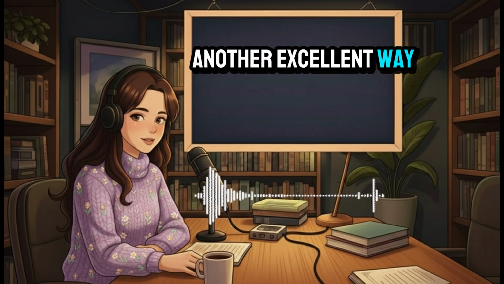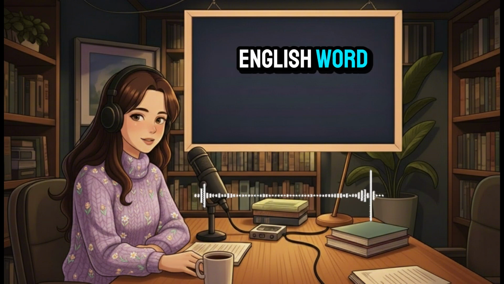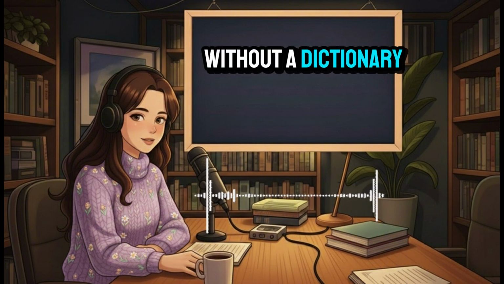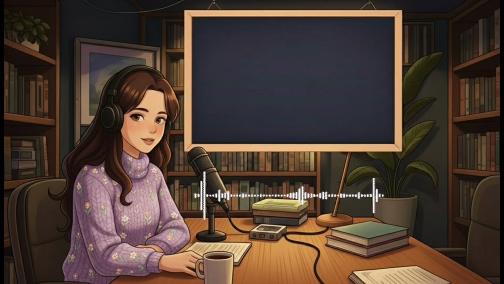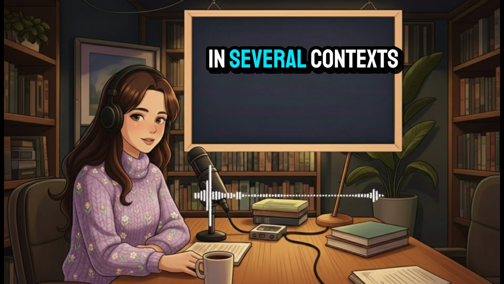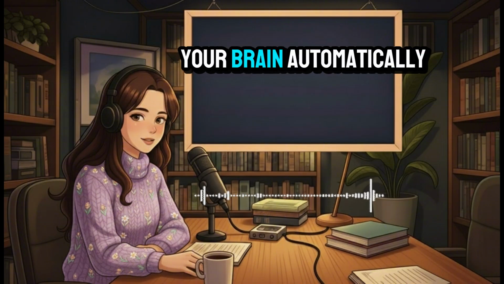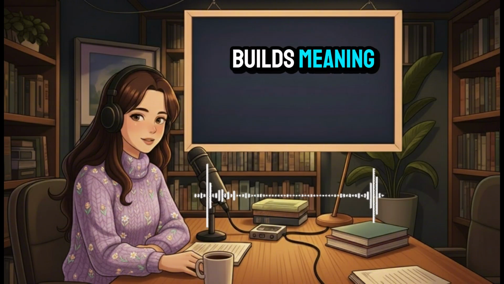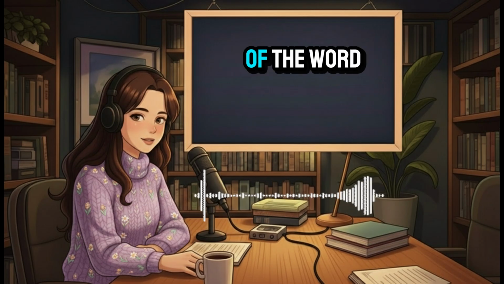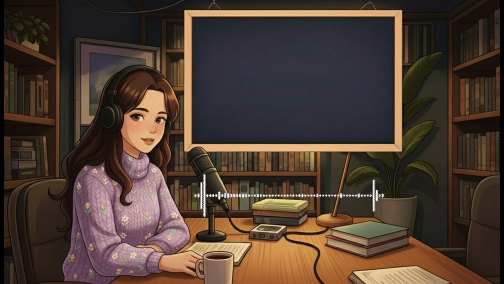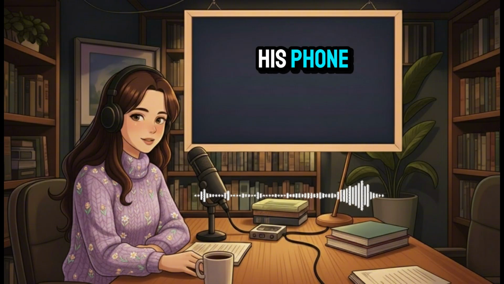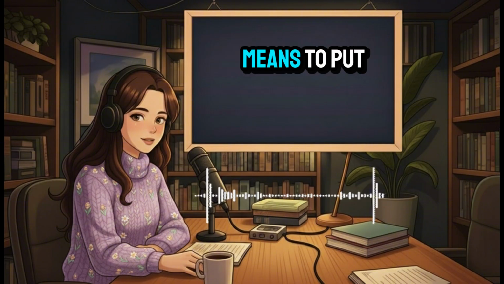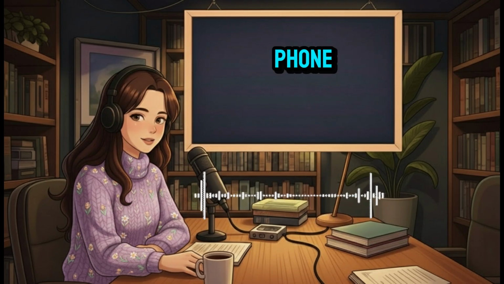Another excellent way to understand any English word without a dictionary is through repetition in different situations. When you meet the same word in several contexts, your brain automatically builds meaning. For example, think of the word charge. If you see it in one sentence like, he charged his phone, you understand it means to put energy into the phone.